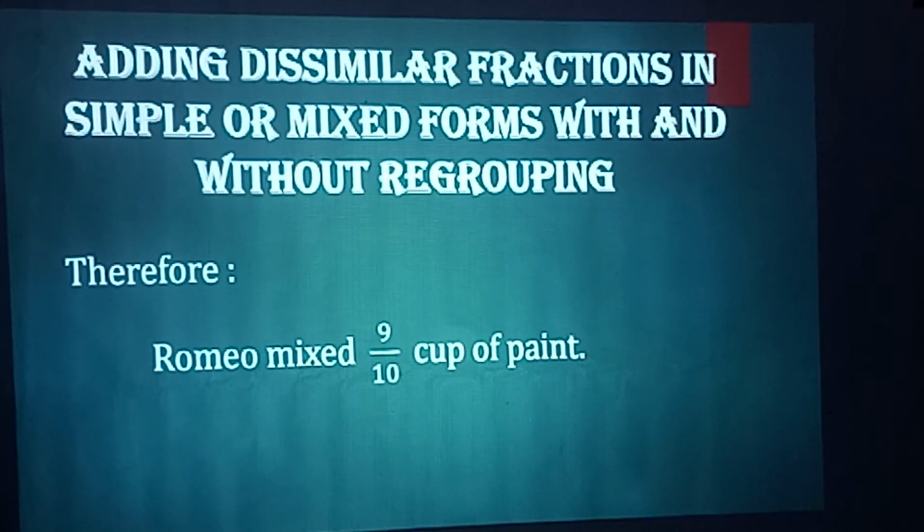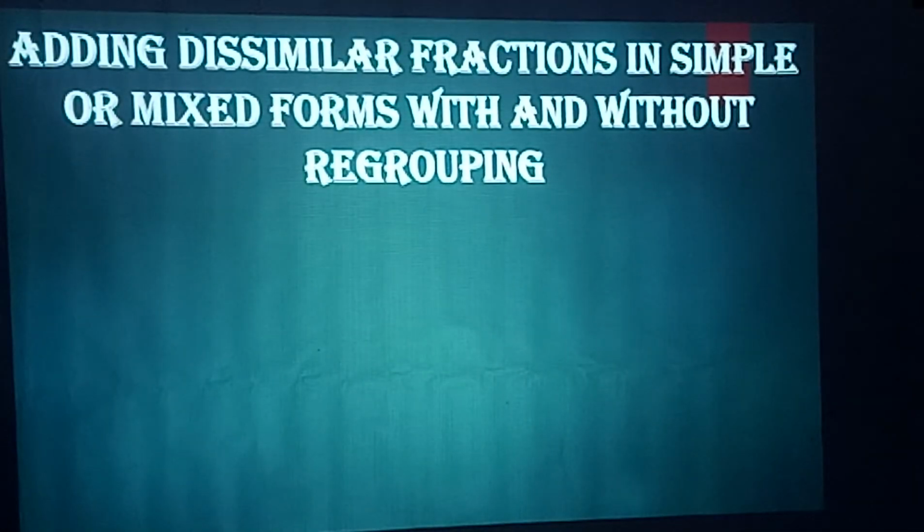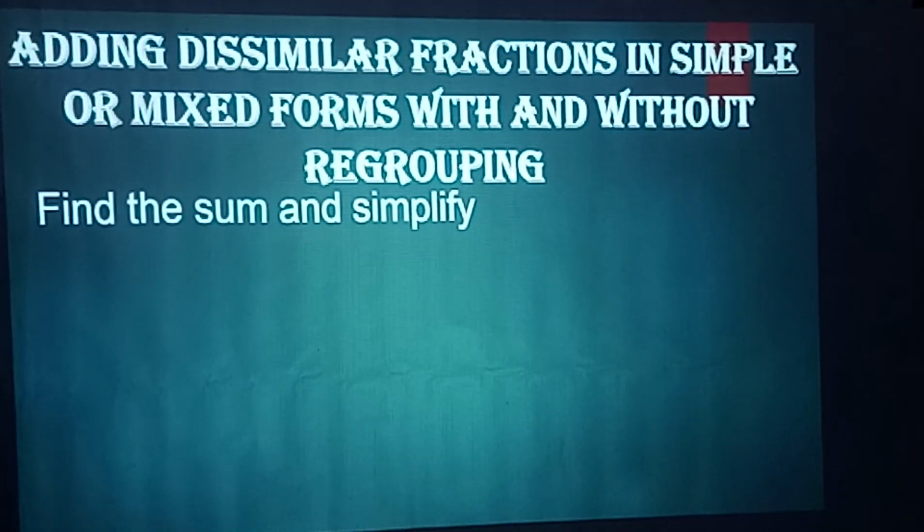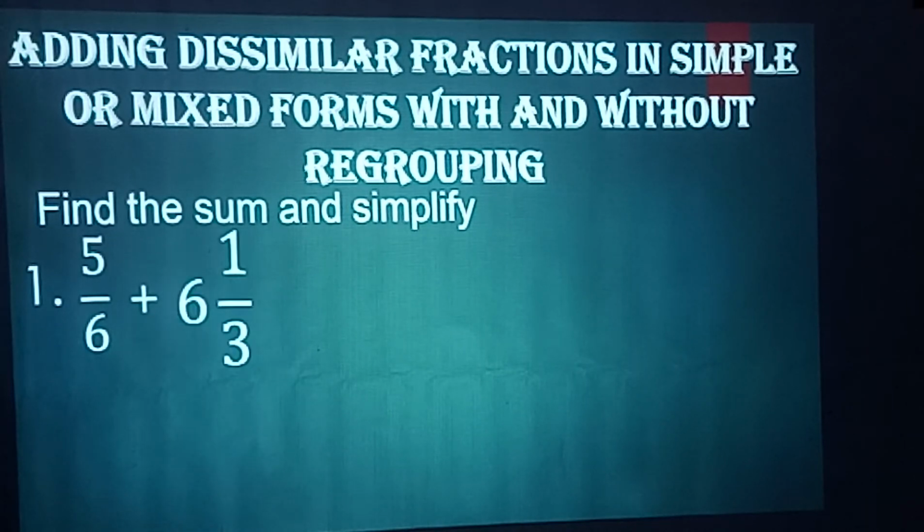Okay, next example. Find the sum and simplify. We have here 5 over 6 plus 6 and 1/3 equals. If you will notice that 5 over 6 is a simple fraction and 6 and 1/3 is a mixed form.